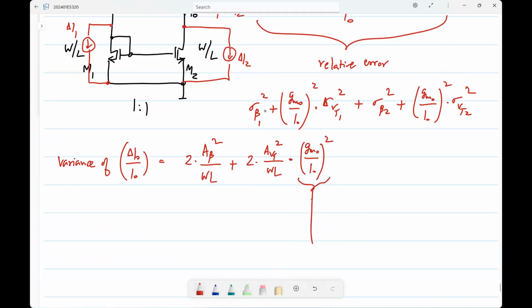What was this? This is VGS minus VT square by 4.